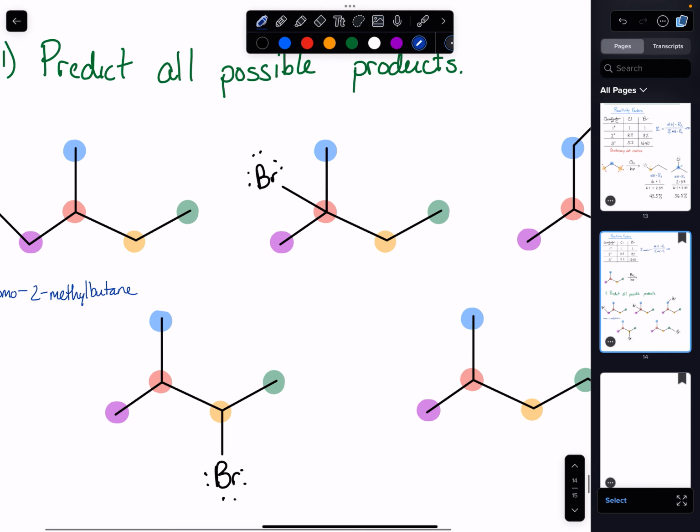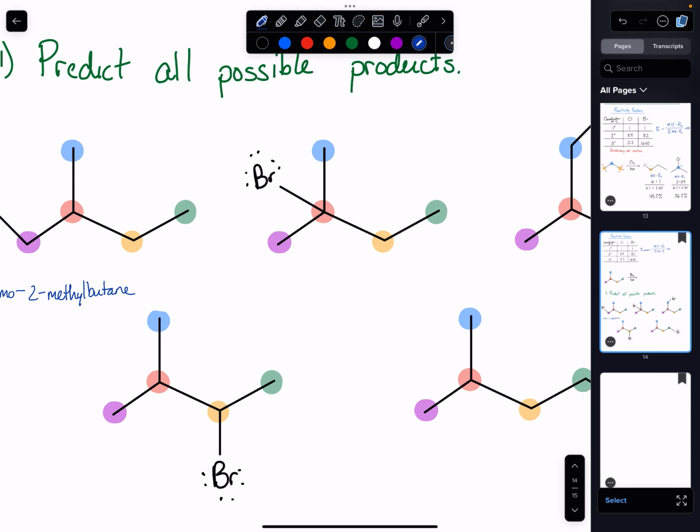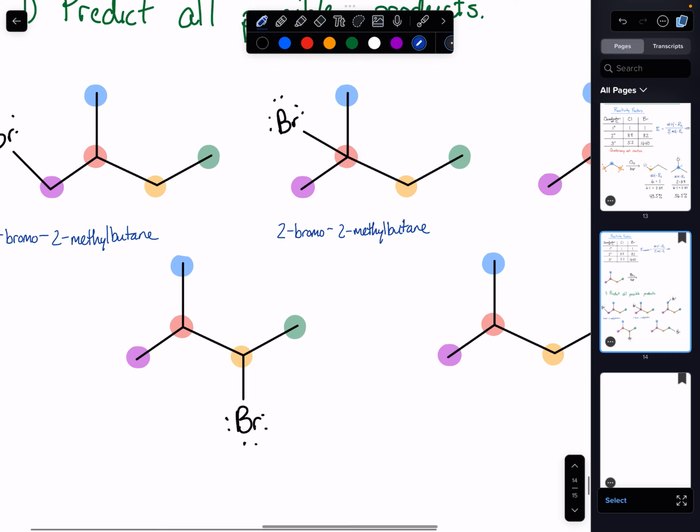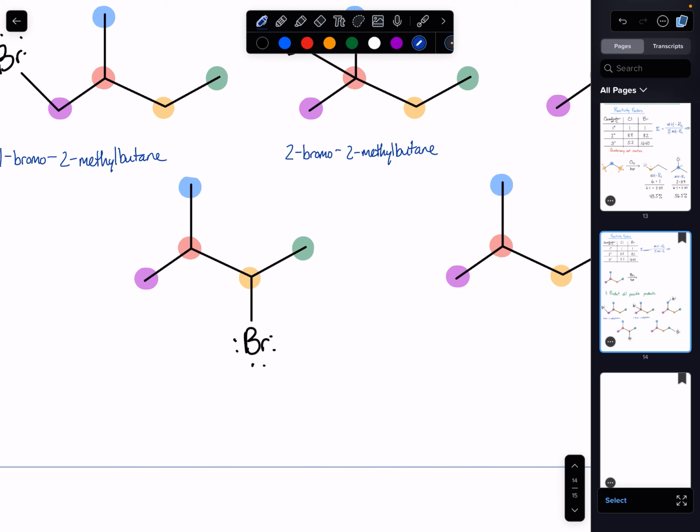Here, the bromo and the methyl are both on carbon 2, so this would be 2-bromo-2-methylbutane. Remember, bromo is always going to come first because it's first in the alphabet. If I go here, this is actually one of the hard ones where I have this tie that I have to break between my numbering scheme.